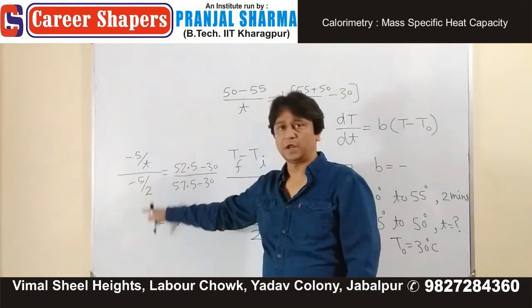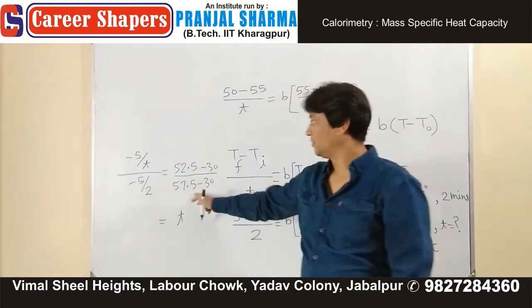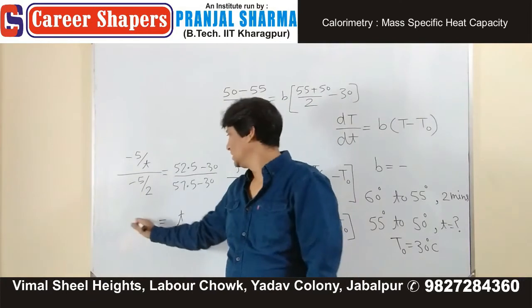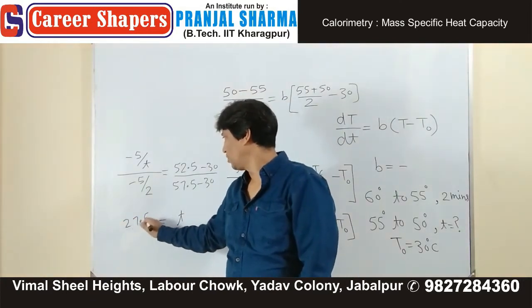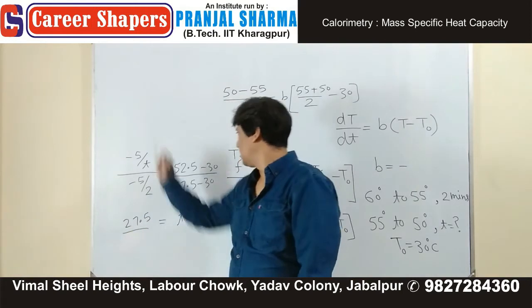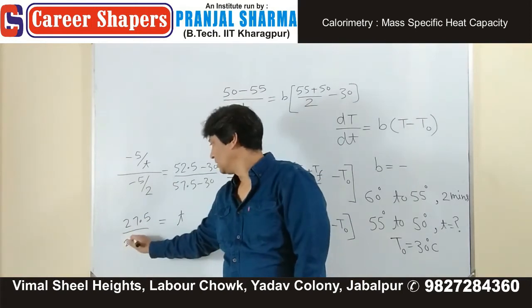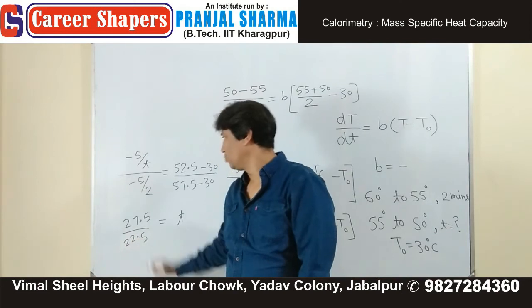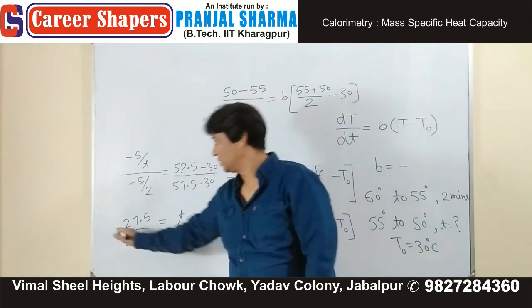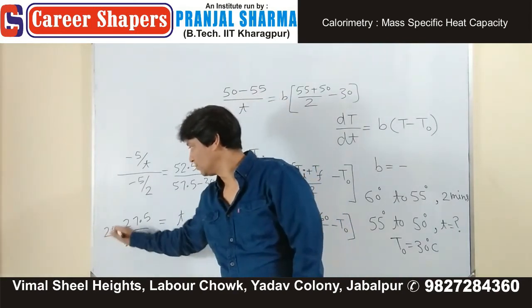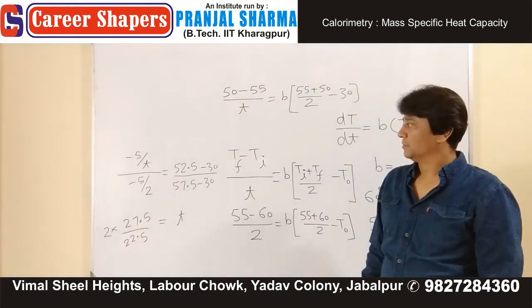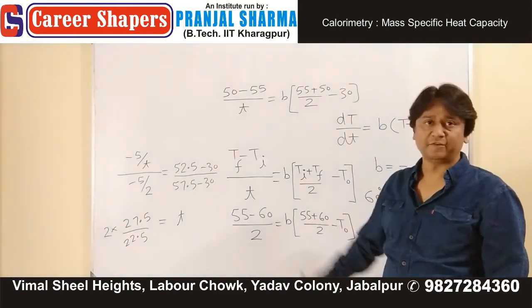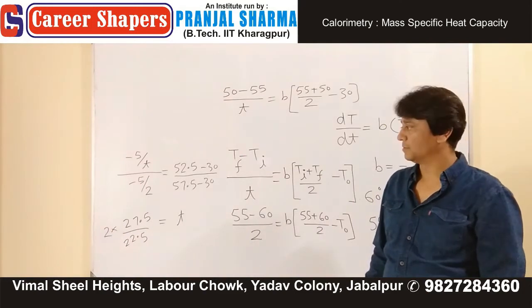This is 1 upon T. 57.5 minus 30 is coming 27.5, divided by 22.5, multiplied by 2. So that's how you can easily find the value of time.